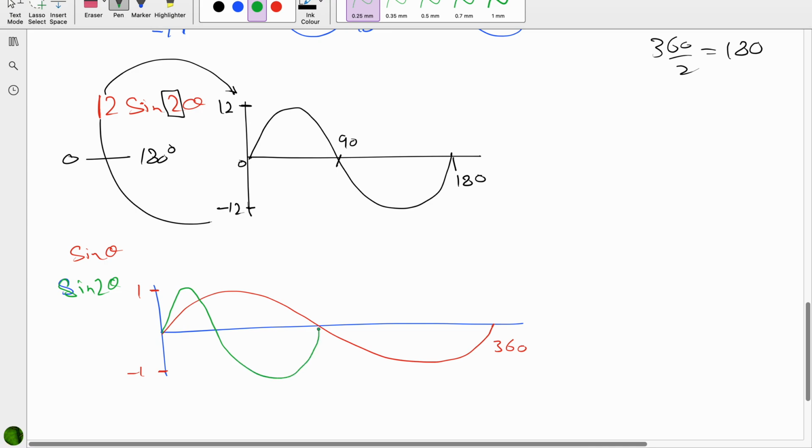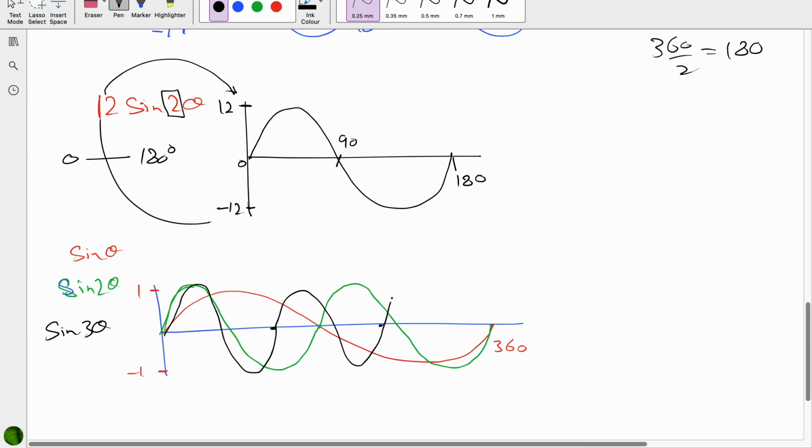It should go to a maximum height of 1 and lowest of -1. And when we draw sine 3 theta, we have 3 curves in 360: 1, 2 and 3, all at 1 and -1.